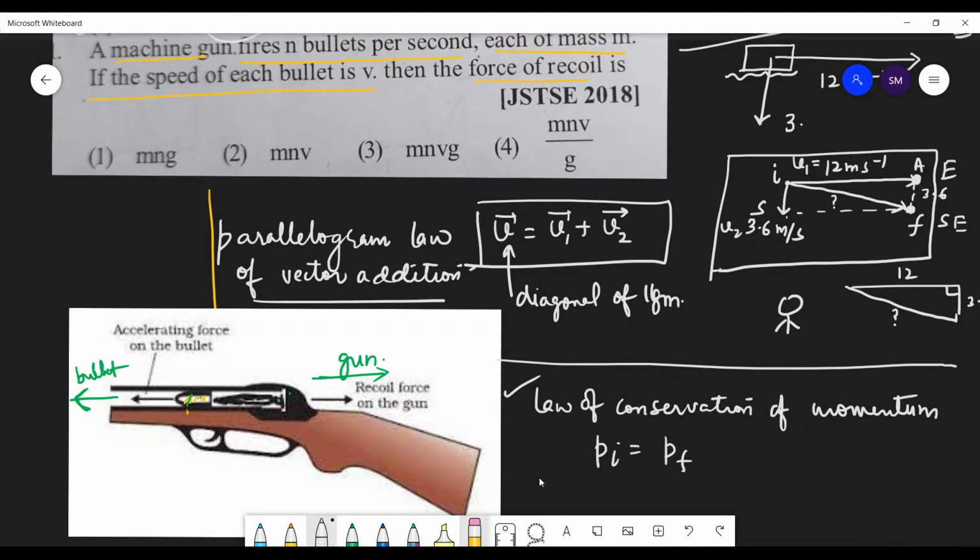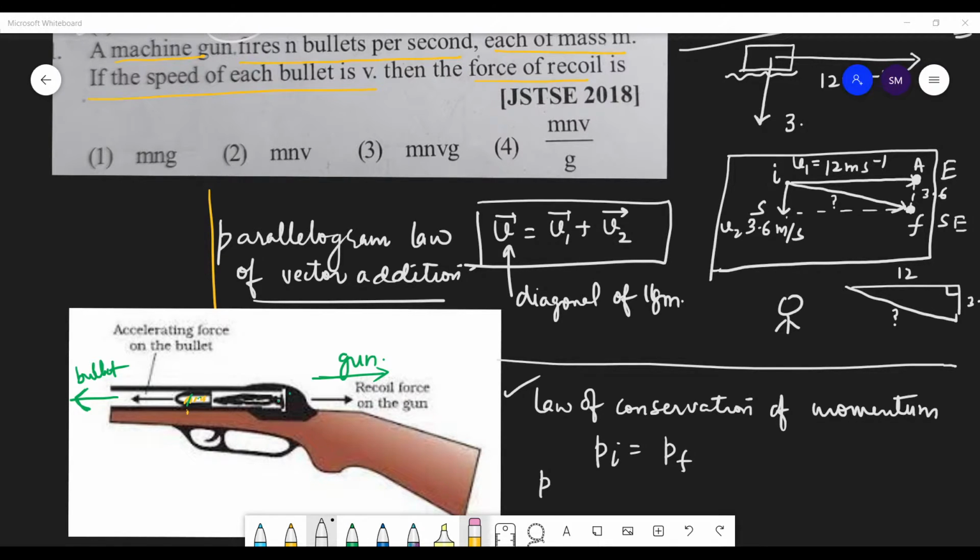The initial momentum of the gun plus bullet. Before the bullet was fired, what was the momentum of the gun? Zero, yes. Why was it zero? Because momentum is equal to mass into velocity. So velocity is zero, so the momentum is zero.